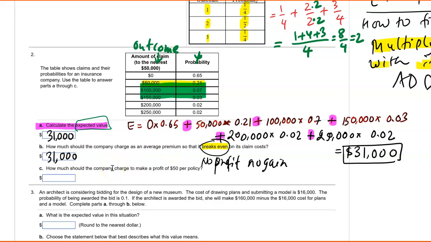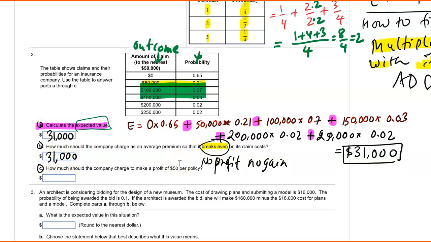But in part C, how much should the company charge to make a profit of $50 per policy? Remember that this expected value is per policy. If the company charges $50 more than this 31,000, the company gets $50 profit per policy. If the company charges $31,000, there is no profit, no gain.